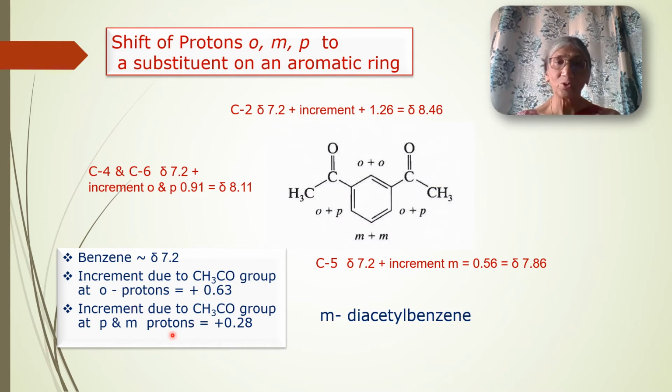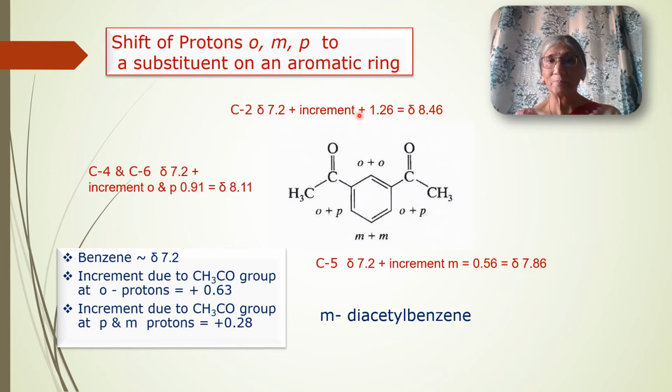For one ortho proton, the value is 0.63. Since at C2 there are two acetyl groups ortho to the C2 protons, the figure will be doubled, that is 0.63 multiplied by 2 is equal to 1.26. So when 1.26 is added to 7.2, it becomes 8.46. That is, the signal because of C2 protons will be seen at 8.46.